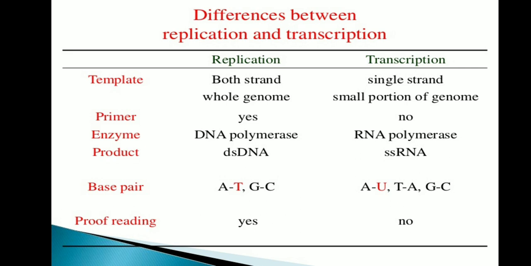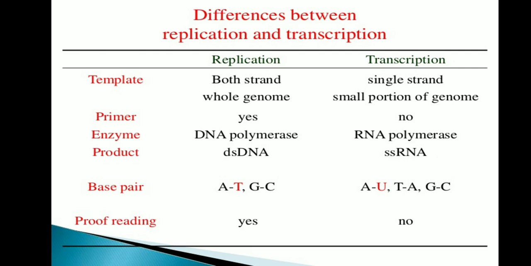Differences between the replication and transcription process. In the previous lecture we have seen the replication process and transcription process. So in replication and transcription there is a difference in the template. In replication both the strands are involved, while in transcription only a single strand of DNA is involved for the synthesis.